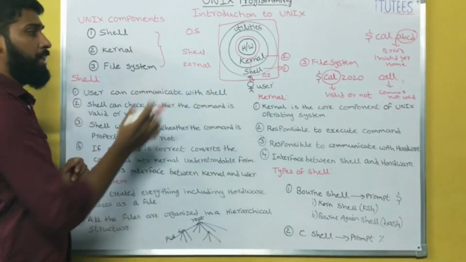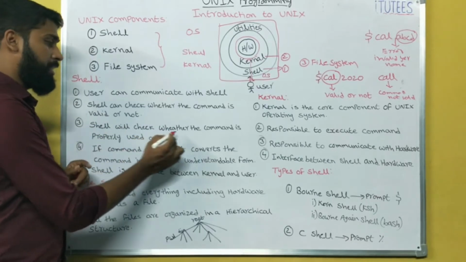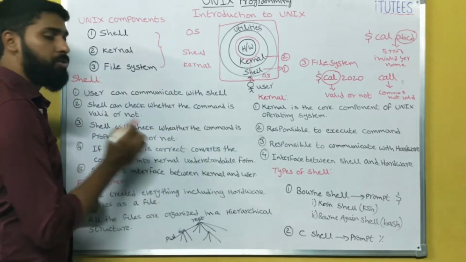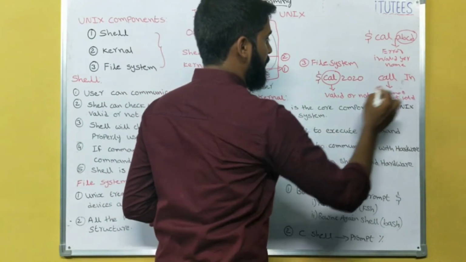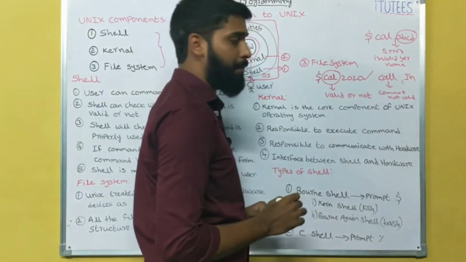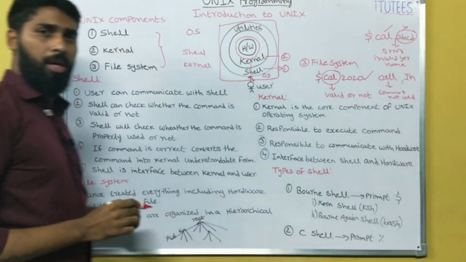After checking whether the command is valid or not, it checks whether the command is properly used or not. This is an invalid command, this is a valid command, and this command is valid but the usage is wrong.